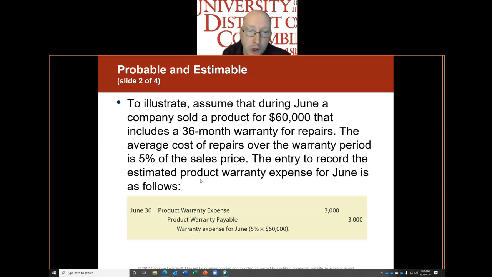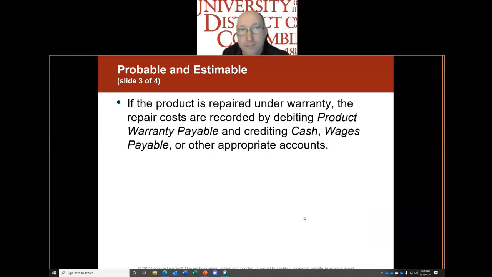And just like with warranties, let's say I'm Samsung, I expect about 5% of all of my sales to utilize the warranty. And so therefore, I will estimate $5,000 of my total sales through the warranty, things like that.